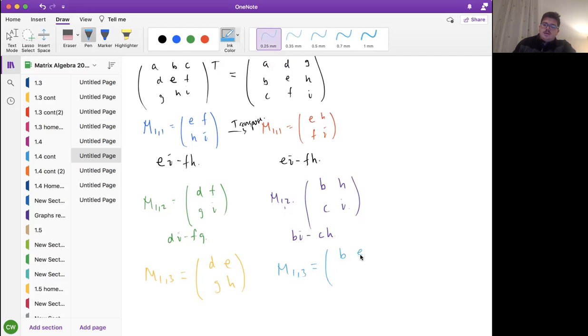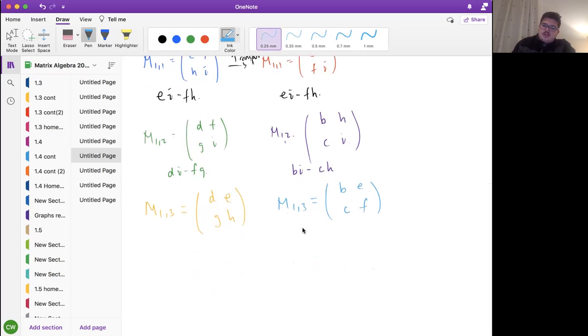Yep, B, E, C, F. Okay, so the determinant here is BF minus EC, and the determinant here is DH minus EG.